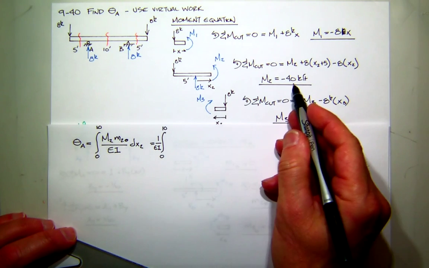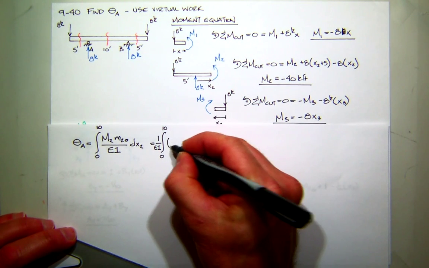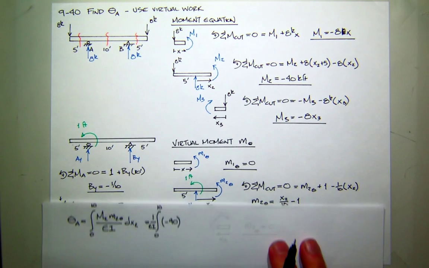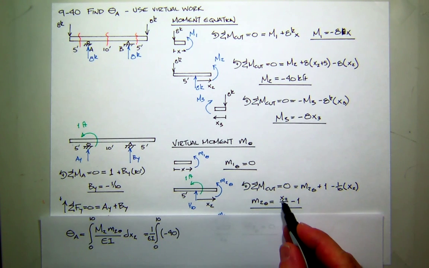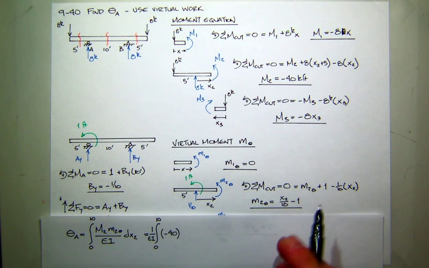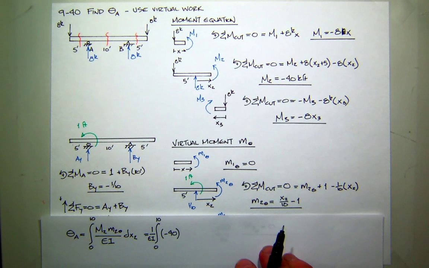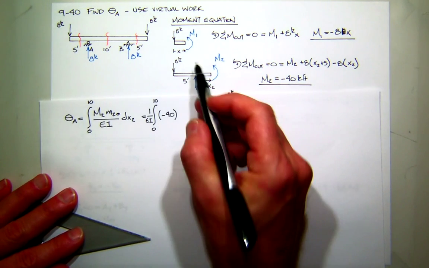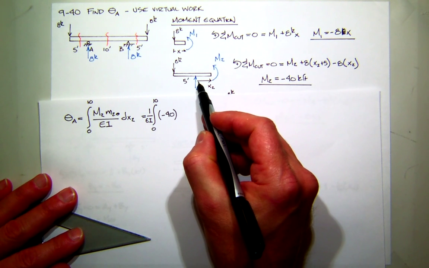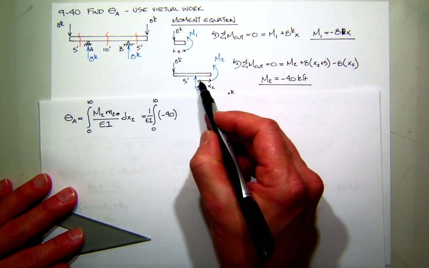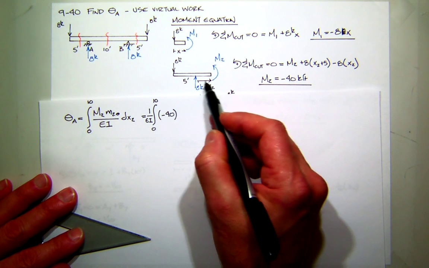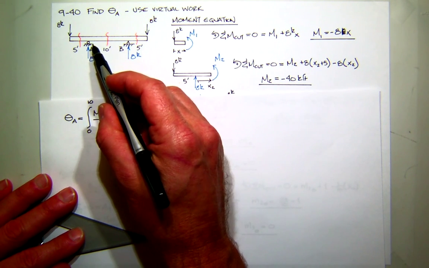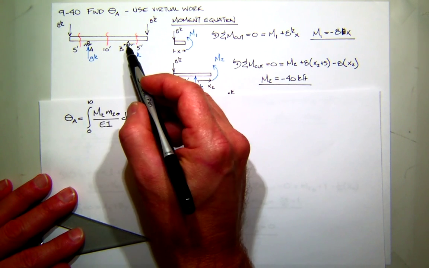So the real moment is this. Oh, it's just minus 40. And the virtual moment was x2 over 10 minus 1. Why 0 to 10? Because I'm using x2 as my coordinate system, and this equation is only good when x2 goes from here to here, which would be from 0 to 10.